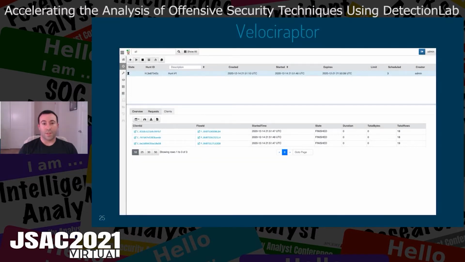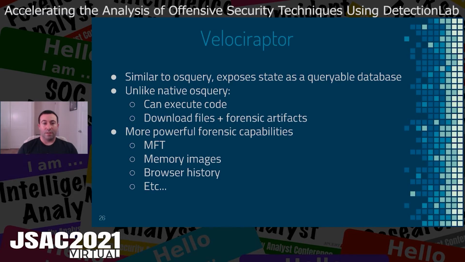The next tool to cover is called Velociraptor, and I think Velociraptor is my favorite tool of all of 2020. Like OSQuery, Velociraptor runs as an endpoint agent and can be controlled via a central web console.